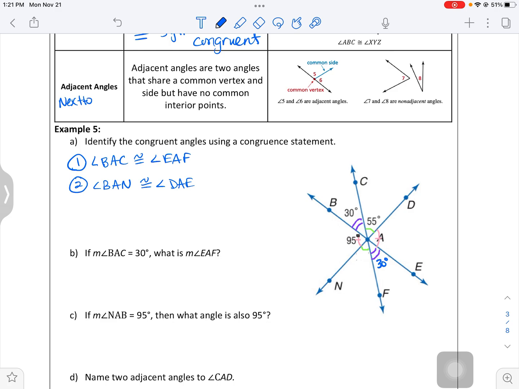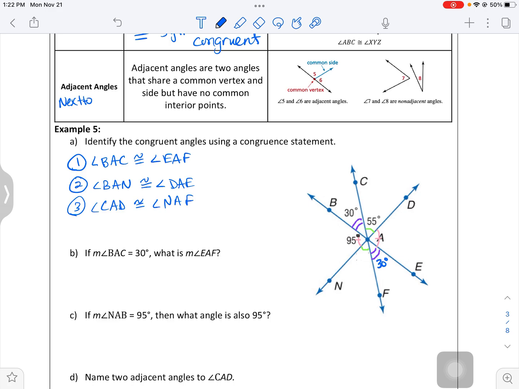Okay, so now we also have these green ones, the green marks with 1. So we have BAD is congruent to NAF. So CAD is congruent to angle NAF.